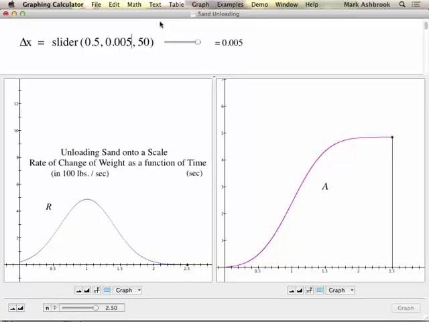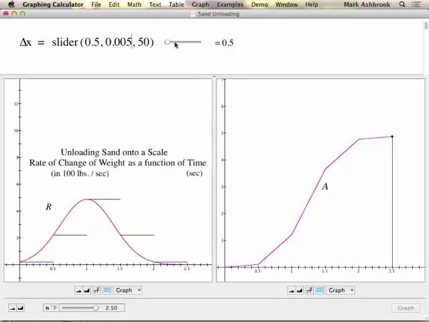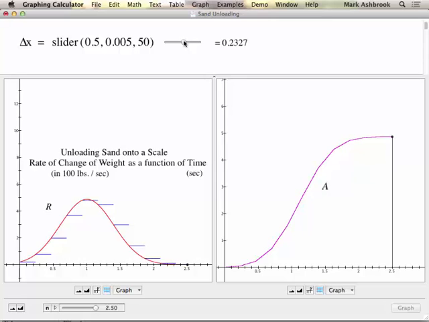This is huge. Okay? Good approximation or bad? Horrible, right? The step deviates greatly from the actual rate function. Better.